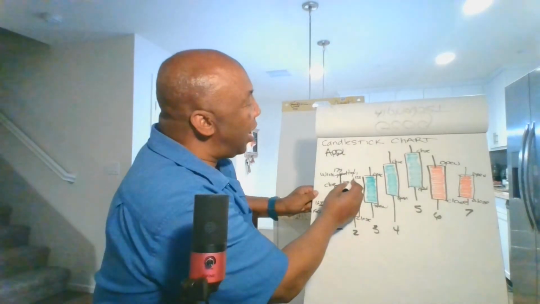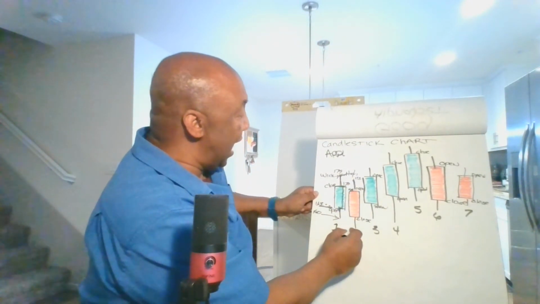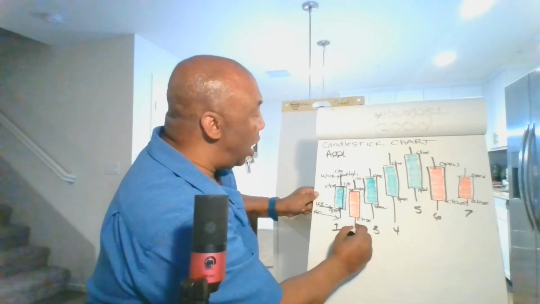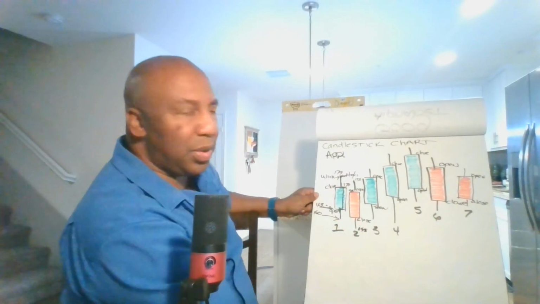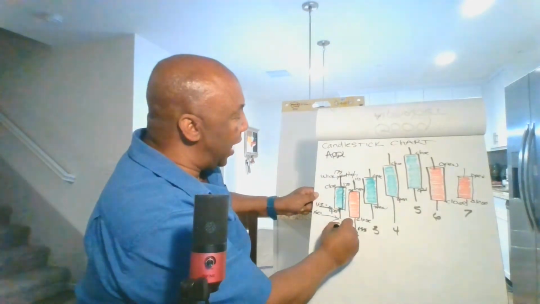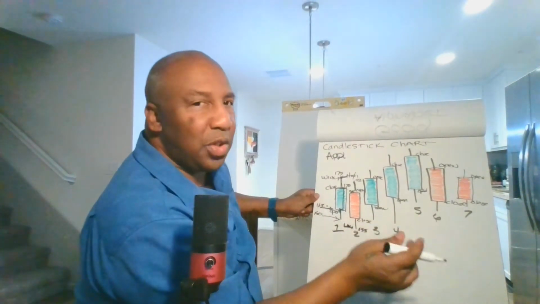And so a sell-off began to happen, and it went all the way down, and it established a low right here of 155. So Apple dropped all the way to 155. So this is the low for the day. Well, the buyers said, we're still going to fight.